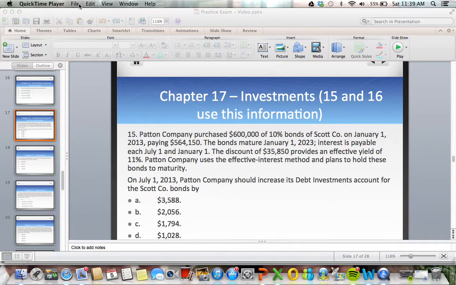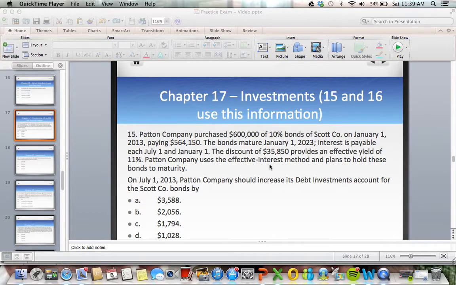So what do we have here? A $600,000 bond, right? And they paid 564,150. The bonds mature in 2023, and the discount of 35,850 provides for an effective yield of 11%. So we are an investor in this situation, right?